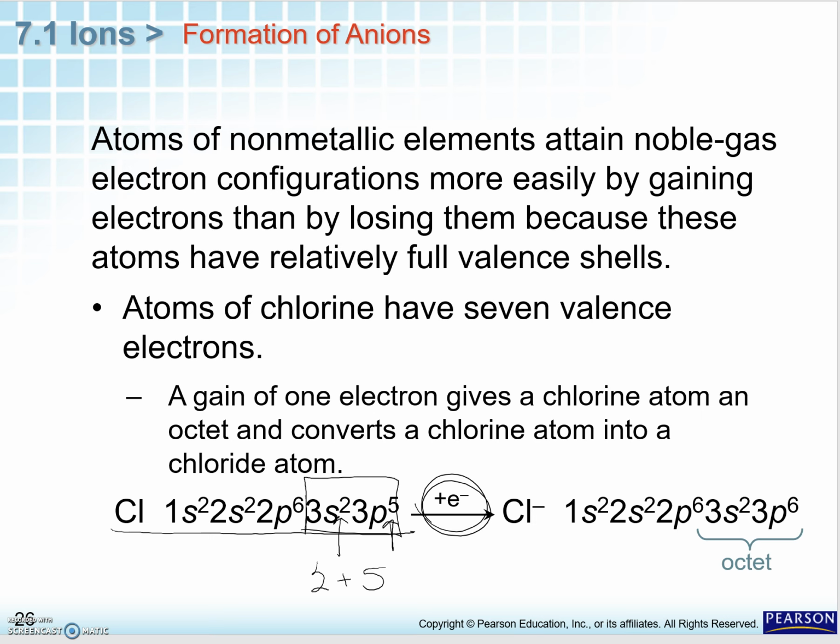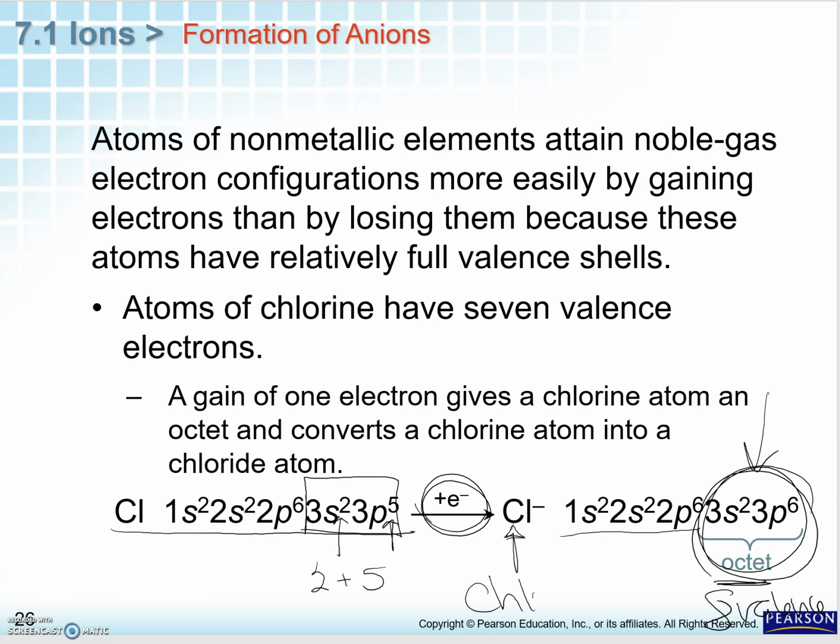So it gains 1 electron to create the exact same beginning of our electron configuration. However, the valence electrons are now that full octet. Remember, octet means that it has 8 valence electrons. Those are really important. So those valence electrons are going to finally fill that full octet, giving you a chloride ion.